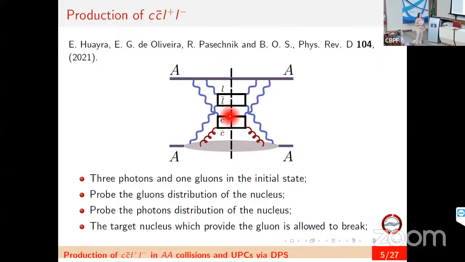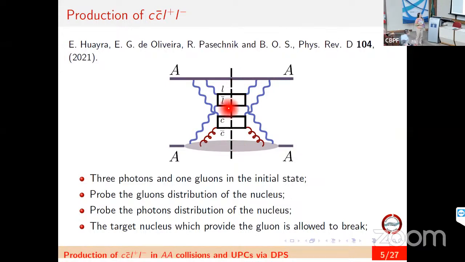Combined with the CC̄, we take a gluon already at leading order. If we look at the SPS contribution to the same final state, we need to go to next-to-leading order, etc.